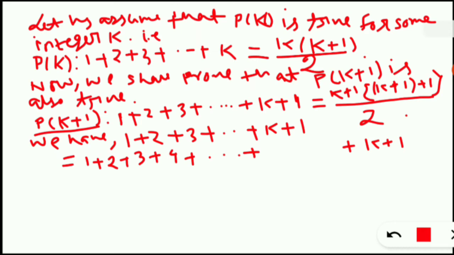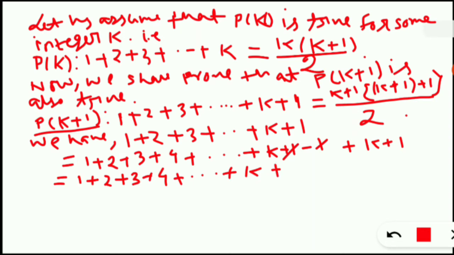So previous term of k plus 1 is, that means k plus 1 minus 1. So plus 1 minus 1 cancel, simply k. So equal to 1 plus 2 plus 3 plus 4 plus k, and last term is k plus 1.